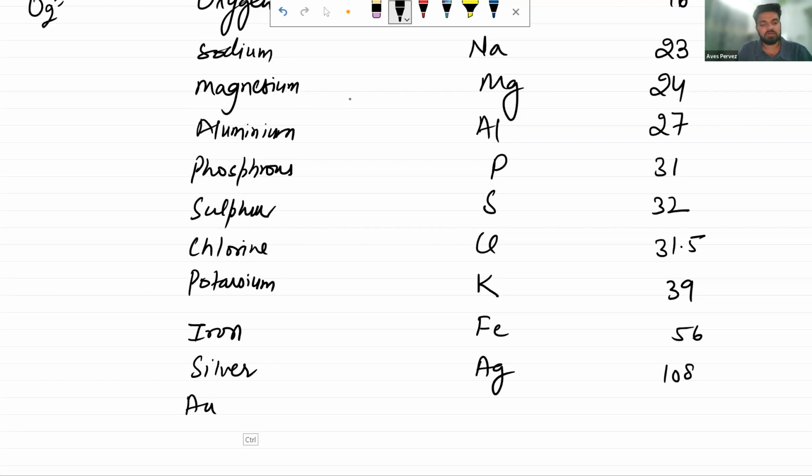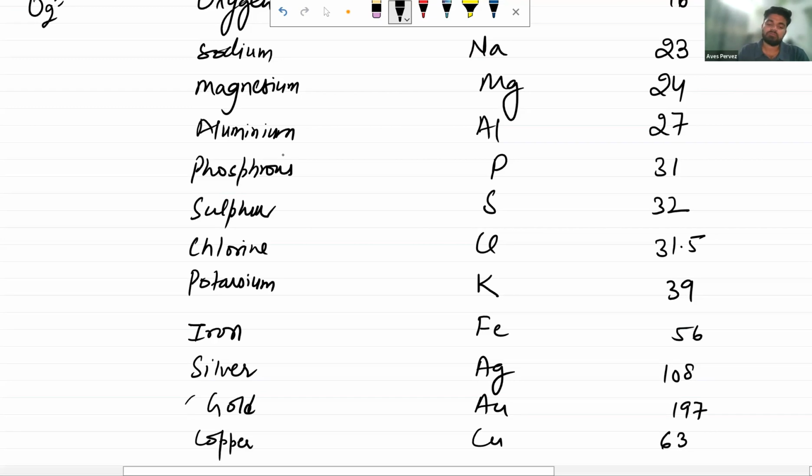Au is gold, and this is going to have mass 197. Copper, mass of copper is 63.